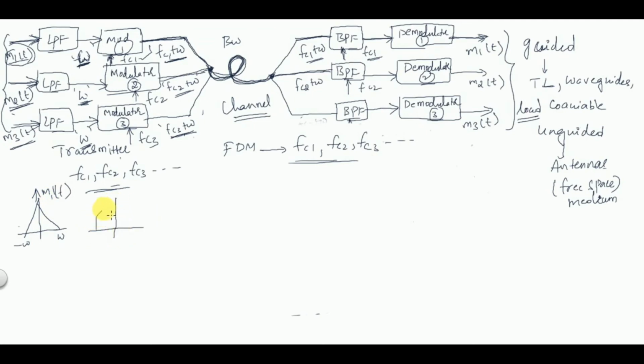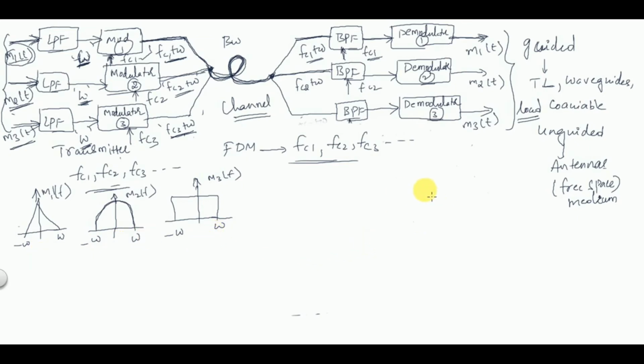Suppose m2 of f I take with a different shape, but the frequency range is the same, minus w to w, because I am taking w just to differentiate between all three signals. I am taking different shapes only for better understanding. And this is m3 of f.